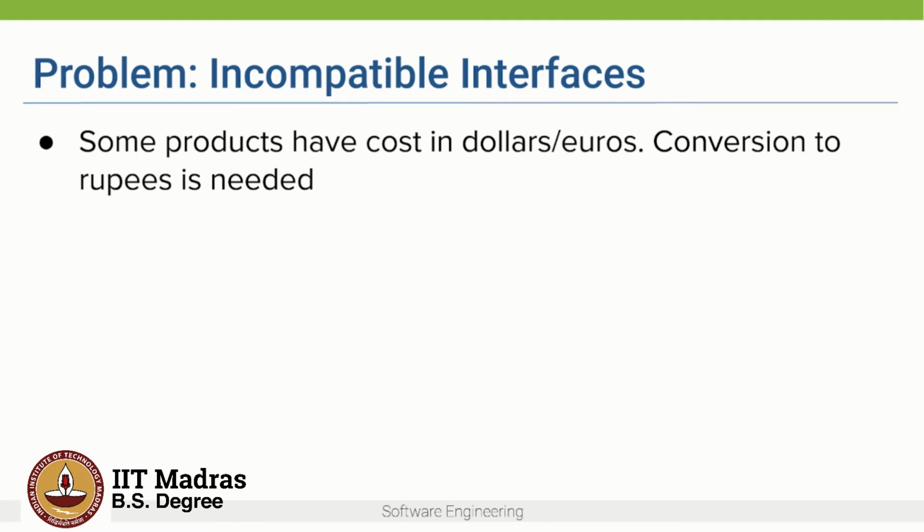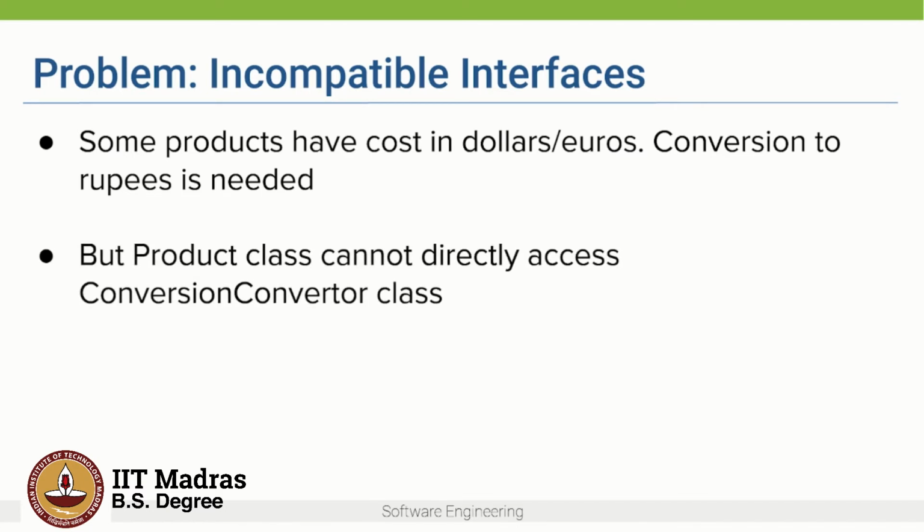And let's say some products have cost in dollars or euros, and hence conversion to rupees is needed, right? And now let's say we have a product class and we have a library or a class called conversion converter. So conversion converter is an existing library for which we do not have control of, right?